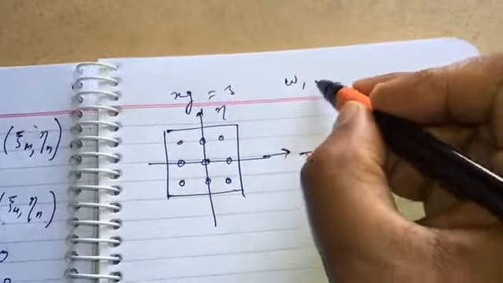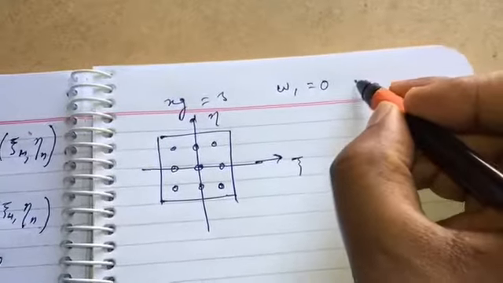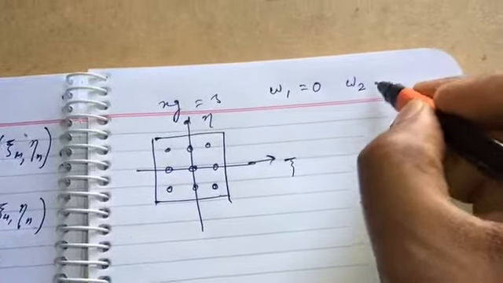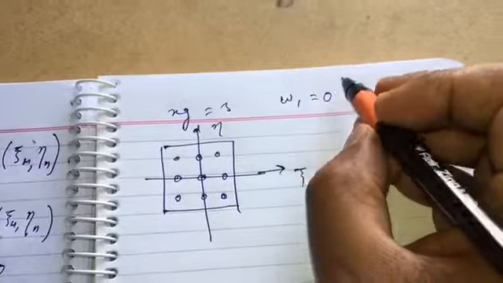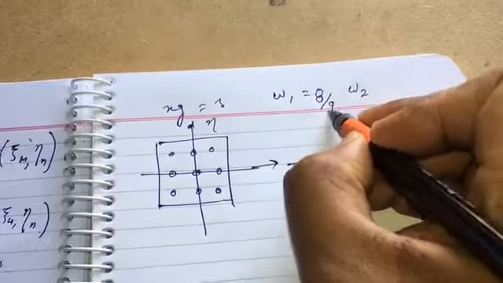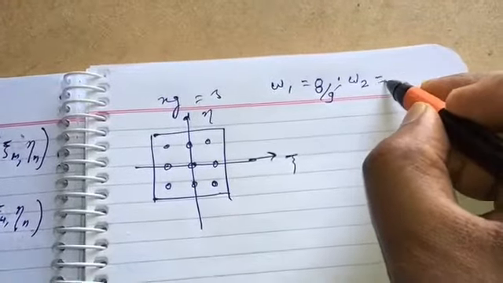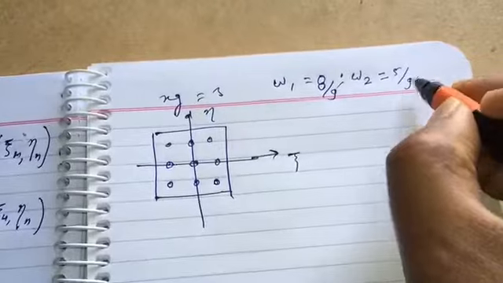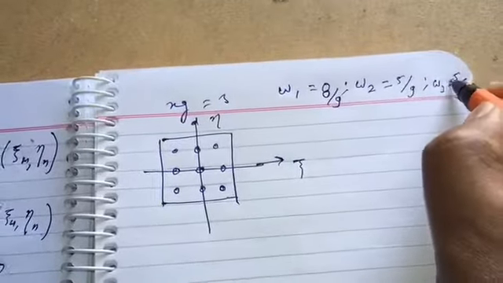We know that for Ng equal to 3, W1 is equal to 8 over 9, W2 is equal to 5 over 9, and W3 is also equal to 5 over 9.